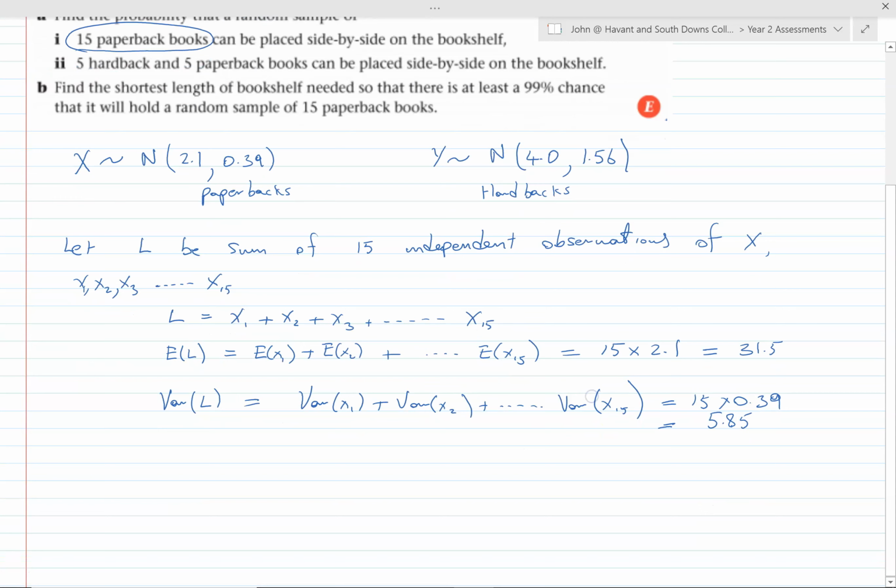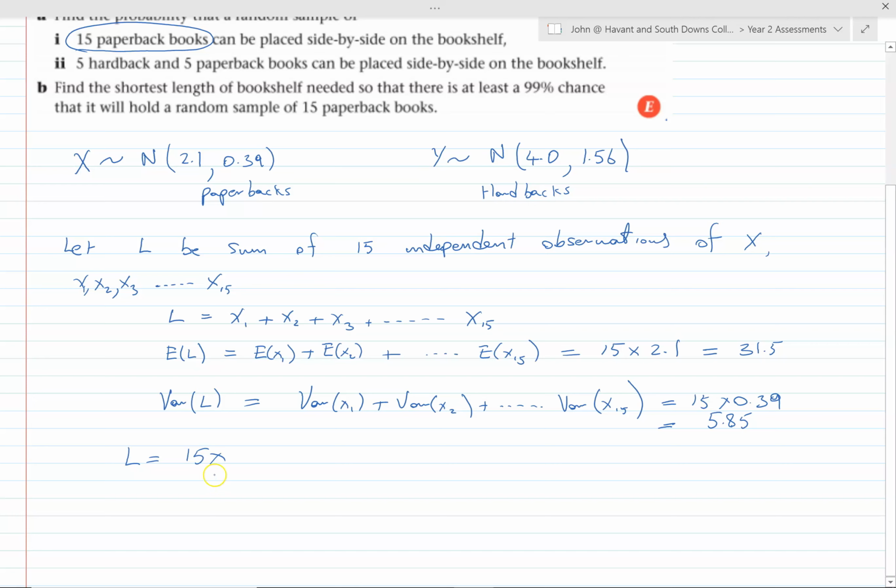Now, not to confuse, this is where you don't want to be falling into a trap of saying L is 15 times X. That would be one single observation of X times by 15. And there might be some circumstances where that happens. For example, if for some reason the price of these books was proportional to the thickness of them, times by 15.